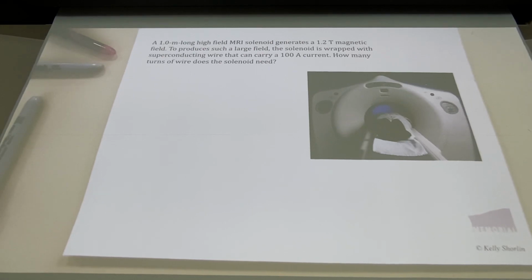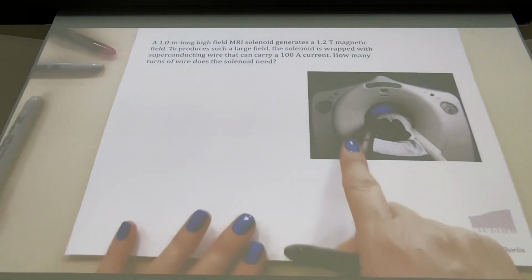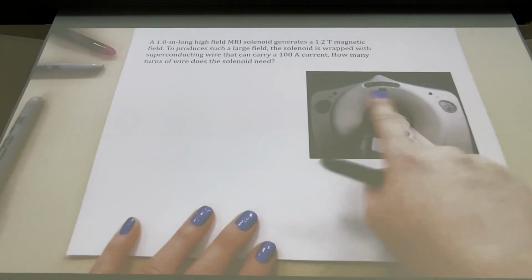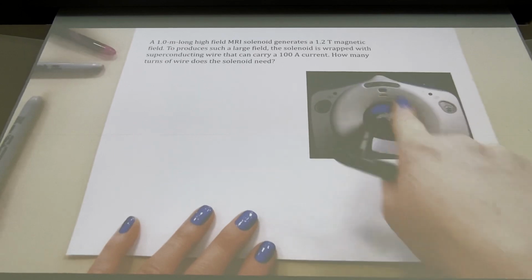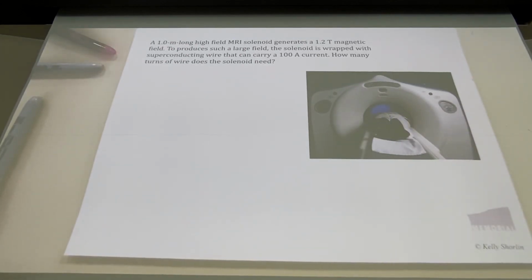Maybe you've had an MRI before, or somebody in your family has, so you probably know someone who's been in a solenoid. That's all this is, right? This big machine, this big tube, has thousands and thousands of coils inside. They run a current through the coil, and it makes a magnetic field. Your body is full of magnetic fields. Those interact, they read the interactions, and that's how they read an MRI.